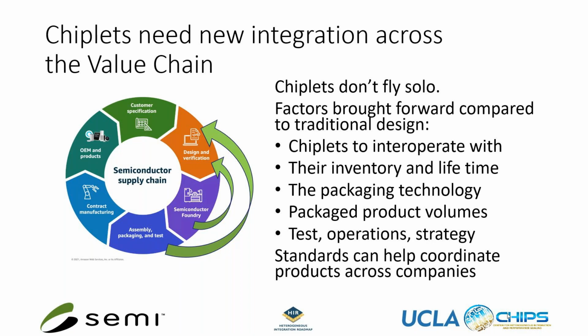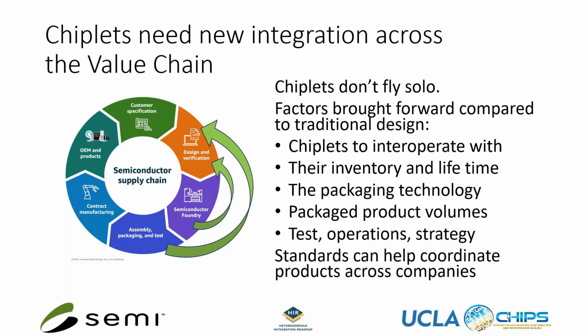The first and foremost is you're looking for other chiplets you're going to interoperate with. In terms of your own manufacturing cycles, you're looking for their inventory and lifetime. When you choose to design and manufacture a chiplet, you're also effectively choosing a packaging technology to go with your chiplet.